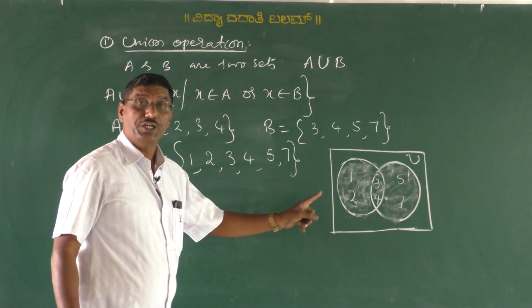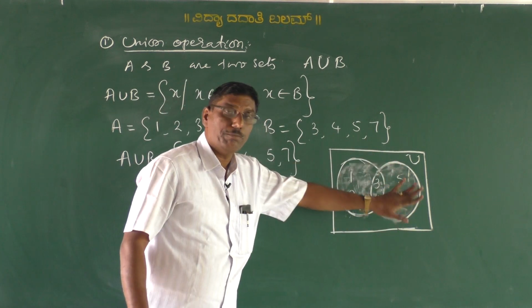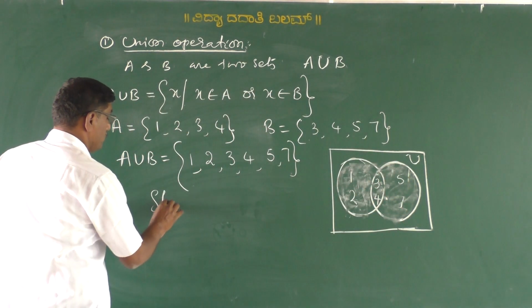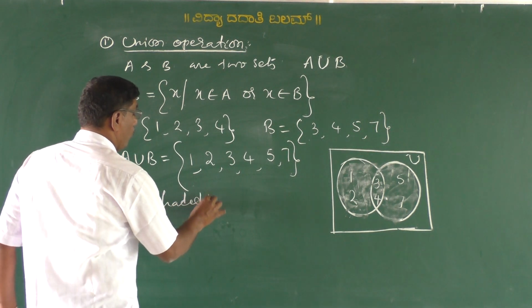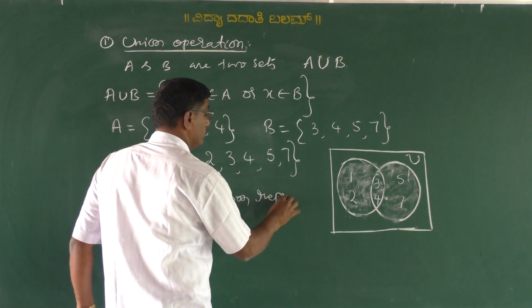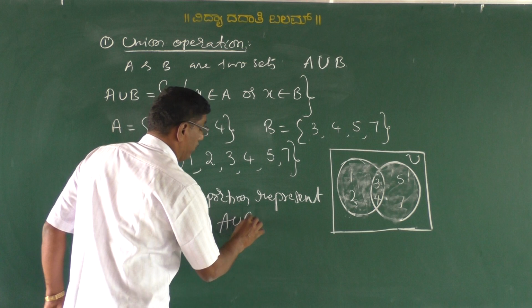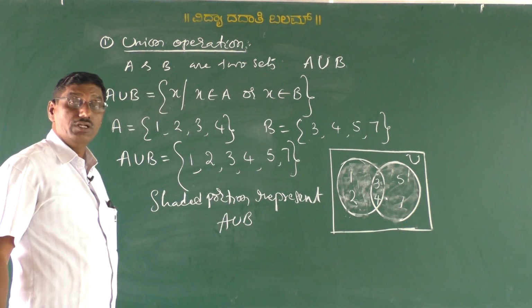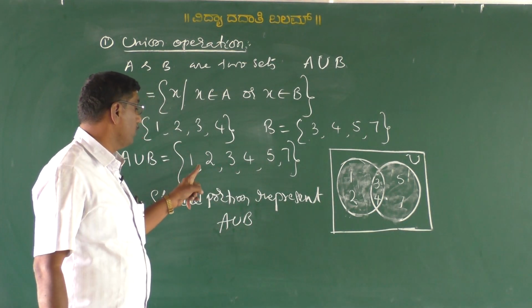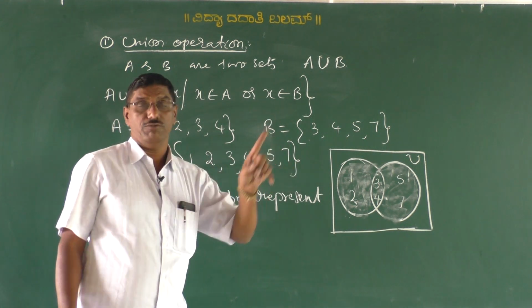Now the shaded portion represents A union B, my dear students, that is the set of all 1, 2, 3, 4, 5, 7.